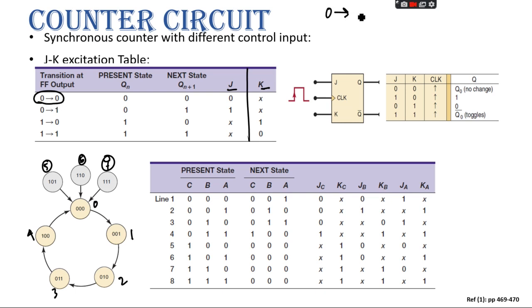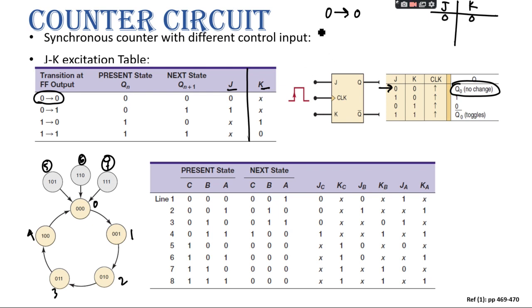So 0 to 0 means the state is changing or not changing? Not changing. So what should be the condition for no change? J is 0 and K is 0, right? Yes, sir.